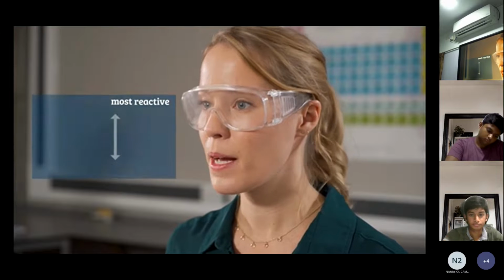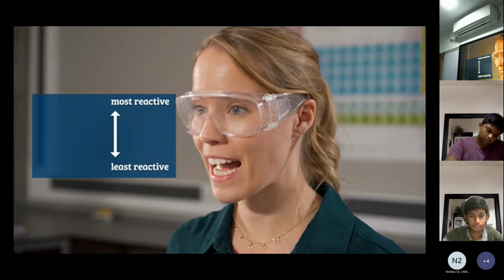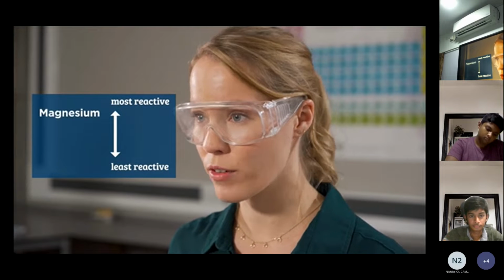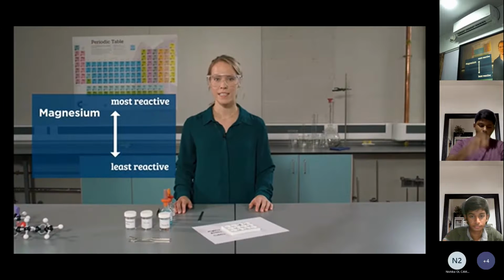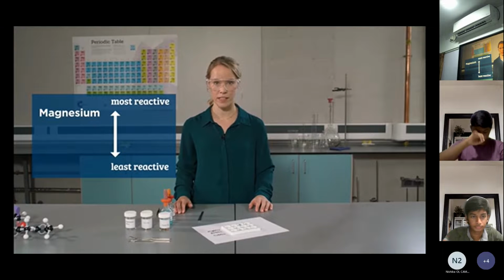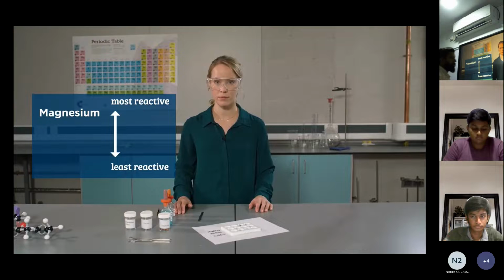The more reactive metal has pushed or displaced the less reactive metal from its metal compound. Therefore, we can put magnesium, zinc, and copper into an order of reactivity. Magnesium has reacted with zinc and copper, therefore it's more reactive than both metals. Zinc does not react with magnesium sulfate, so it does not displace the metal.